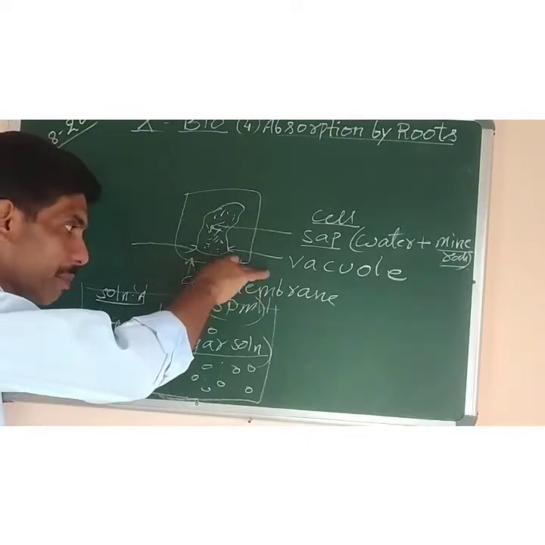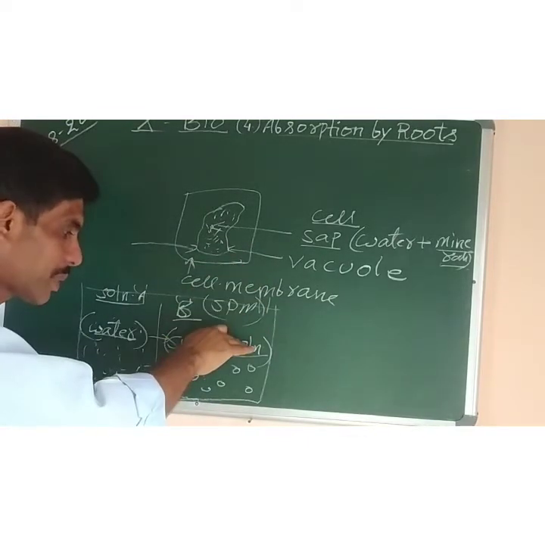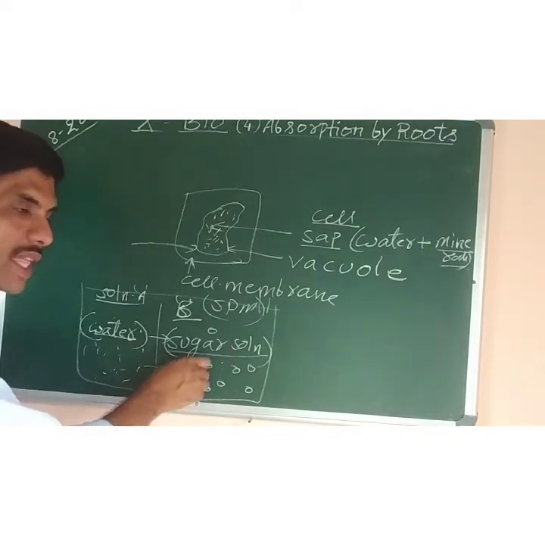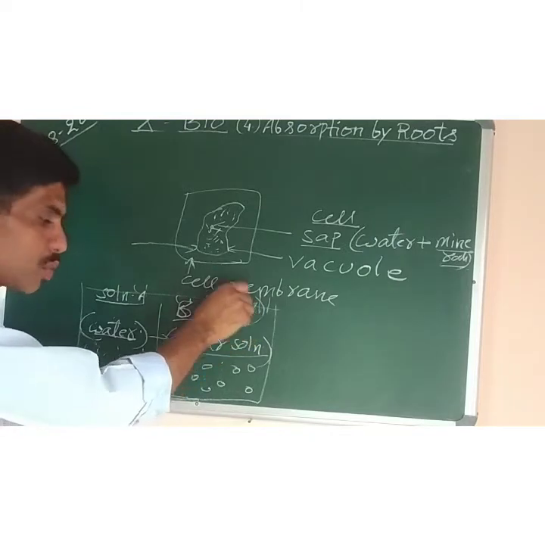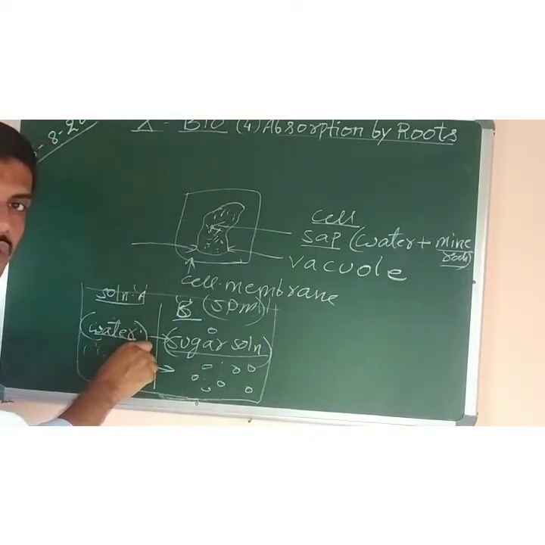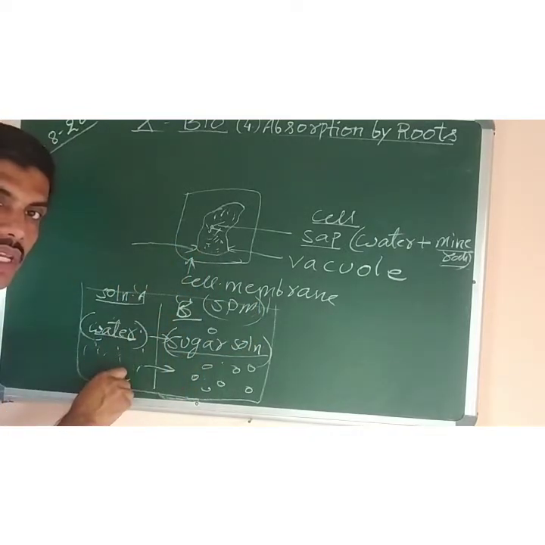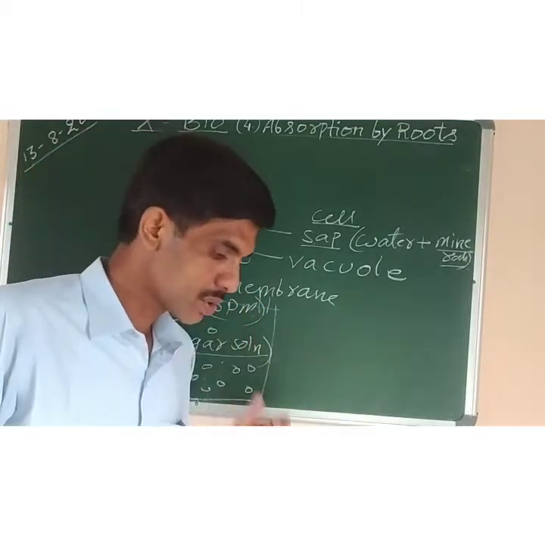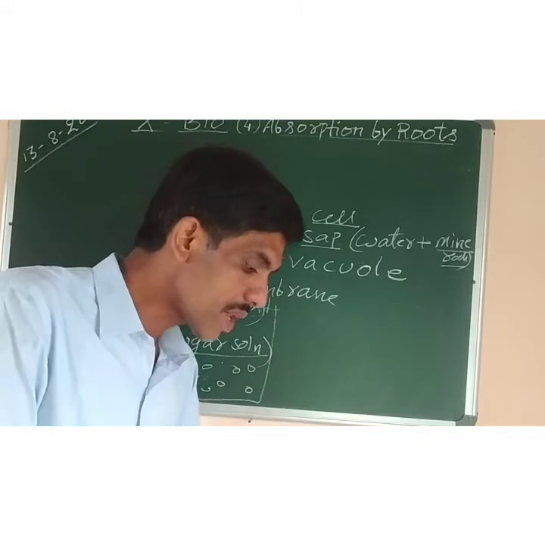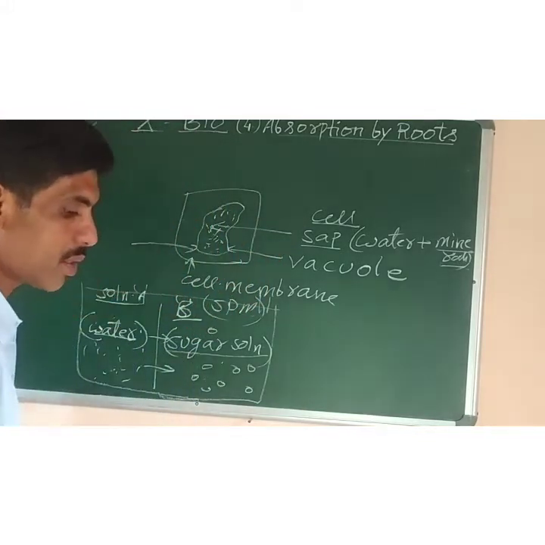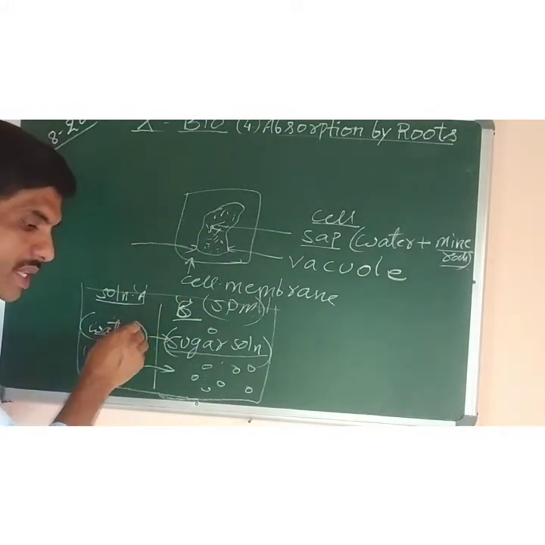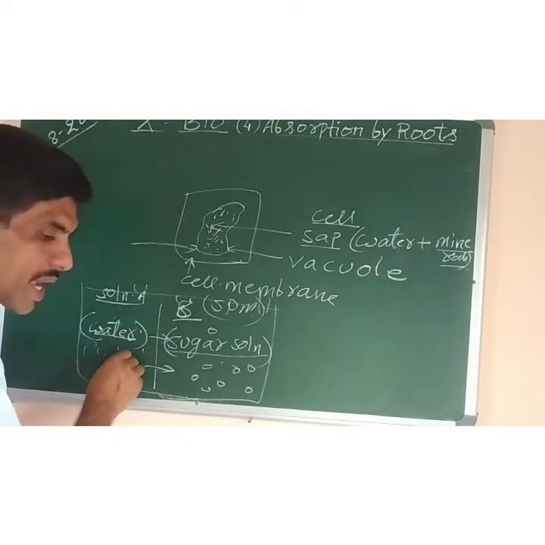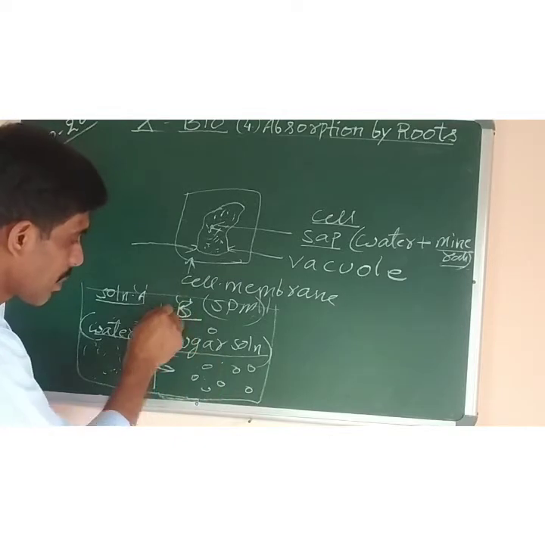When we apply a pressure inside B, it will stop the movement of water molecules. That pressure which is applied to stop the process of osmosis, that is the movement of water molecules, is known as osmotic pressure. Got it? So you can see that the pressure will resist the flow of water to the sugar solution. So pressure is exerted to prevent the flow of water molecules from A to B to cross the semi-permeable membrane.